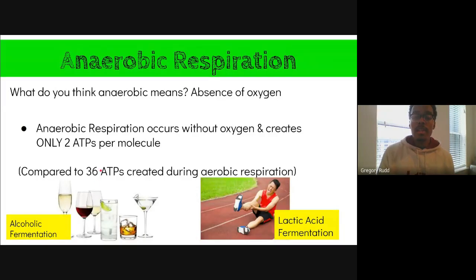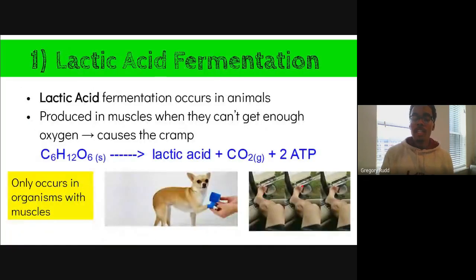Additionally, your body is still making ATP, but it's using anaerobic respiration to do that. Specifically, it's doing a type of anaerobic respiration called lactic acid fermentation. Lactic acid fermentation occurs only in animals because we have muscles.